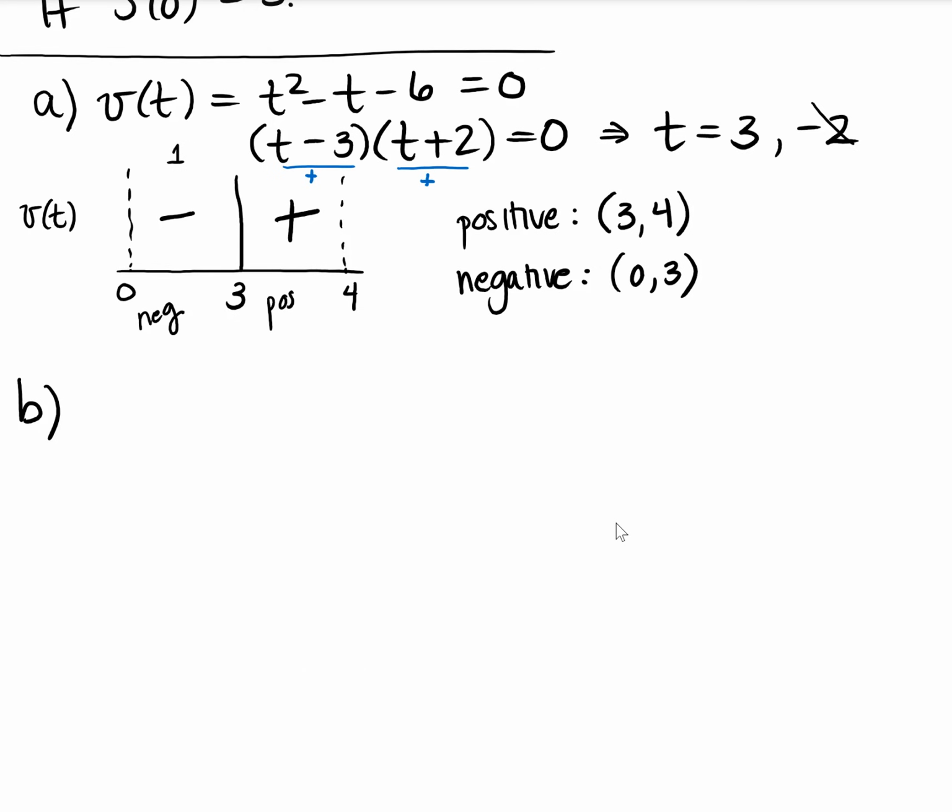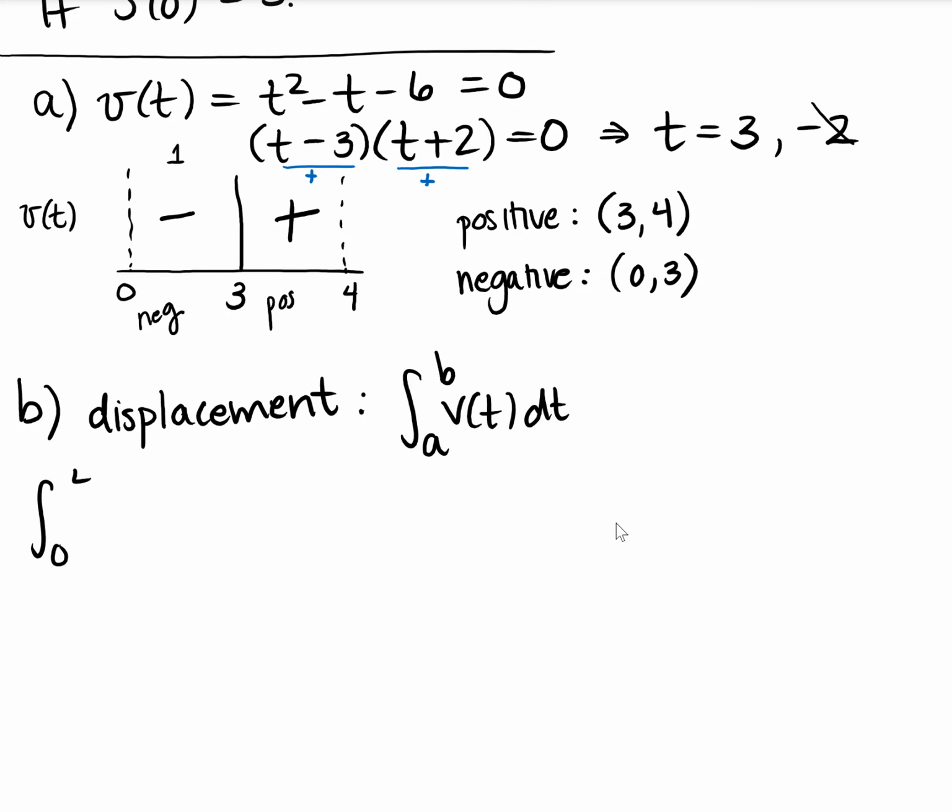So we found that our displacement was given by the definite integral from a to b of my velocity. In this case, I'm going from 0 to 4. My function is t squared minus t minus 6 dt.